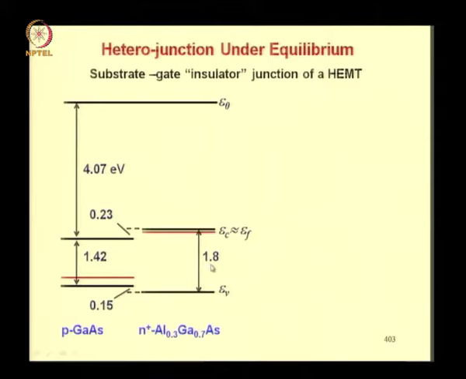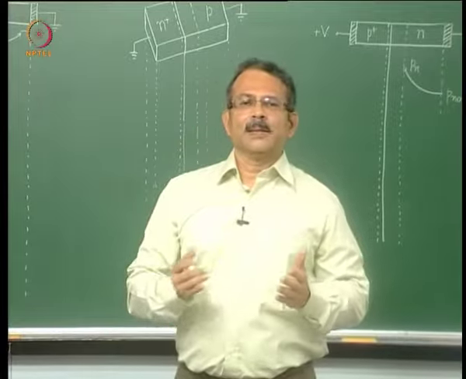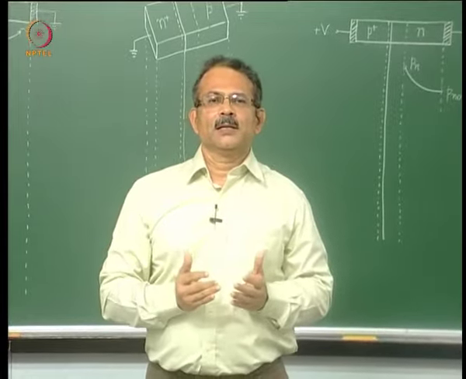So the difference between 1.8 and 1.42 is distributed between the conduction band discontinuity and valence band discontinuity as given here. So the conduction band discontinuity is 0.23 electron volts and valence band discontinuity is 0.15 electron volts. We have to accept these values which are based on the practical experiments done to measure these quantities.